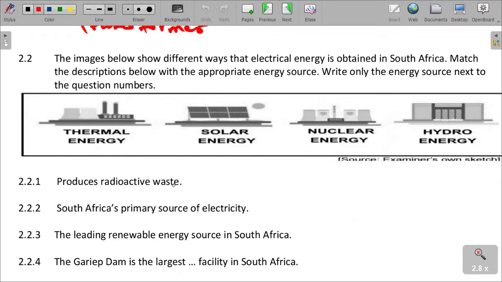Radioactive waste is produced from nuclear energy. Nuclear energy is the one that produces radioactive waste.